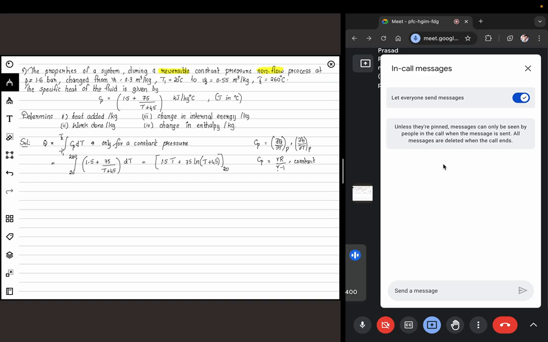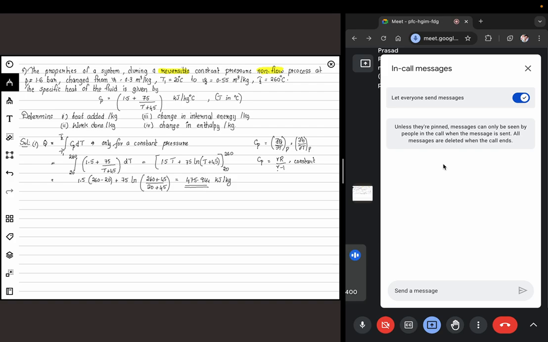Since t is in Celsius, I'm using directly the Celsius values. This is the first part, the heat added.